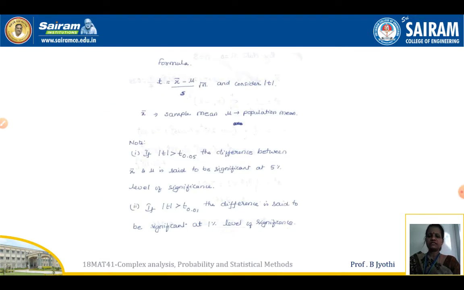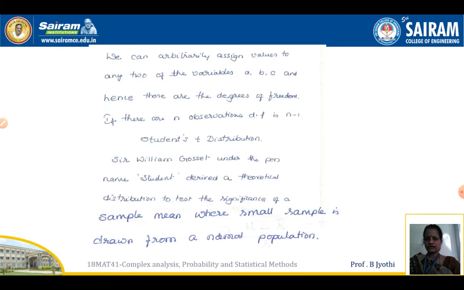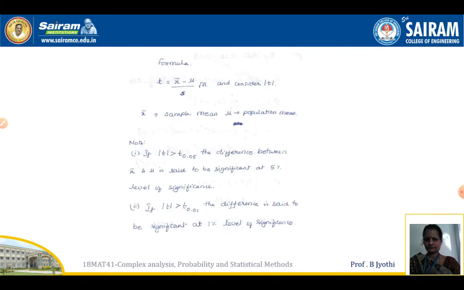Here the formula is given by t equals x bar minus mu divided by sigma into root n, and we consider the modulus of t, whether you get a negative or a positive value. X bar is the sample mean and mu is the population mean.